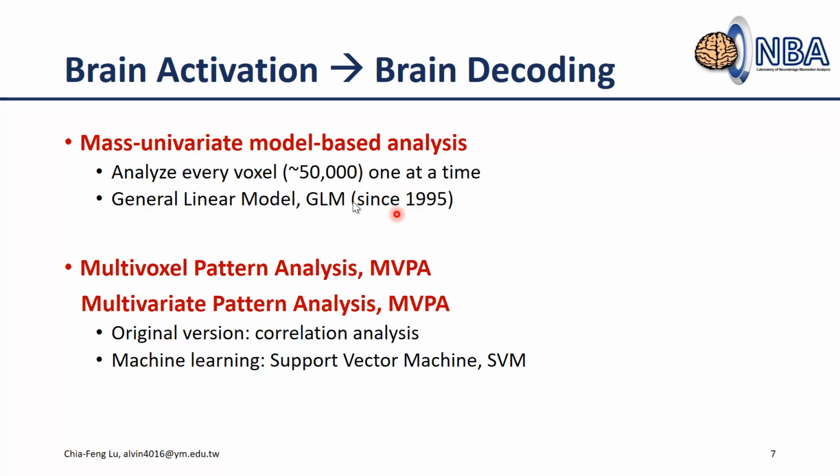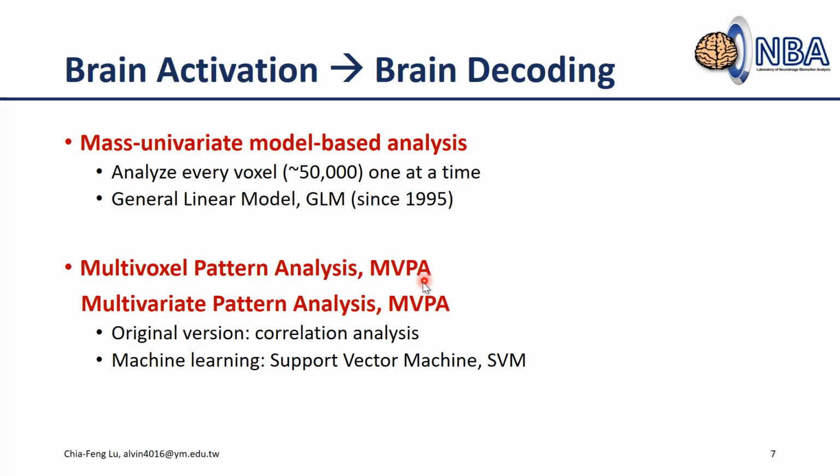Okay. So you can see GLM is a pretty old, historical technique developed in 1995 by Karl Friston's team. However, around 2000, people started thinking about whether we can perform pattern analysis on the pattern of the brain activation. From this idea, the so-called MVPA came out.